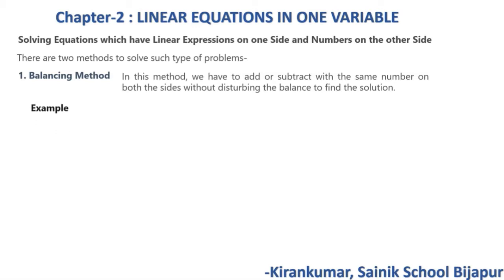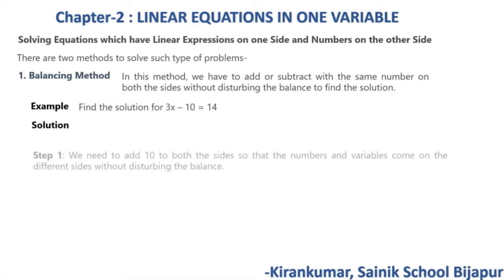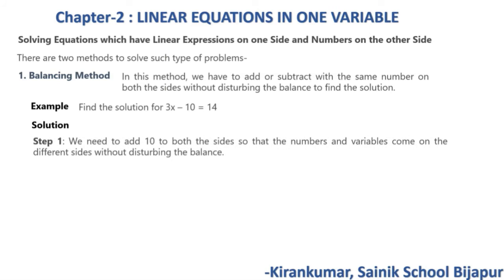For example, to find the solution for 3x minus 10 equal to 14, let's solve it. The first step is we need to add 10 on both the sides so that the numbers and the variables come on different sides without disturbing the balance.